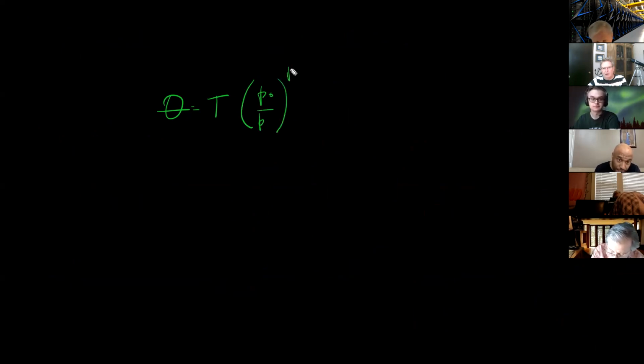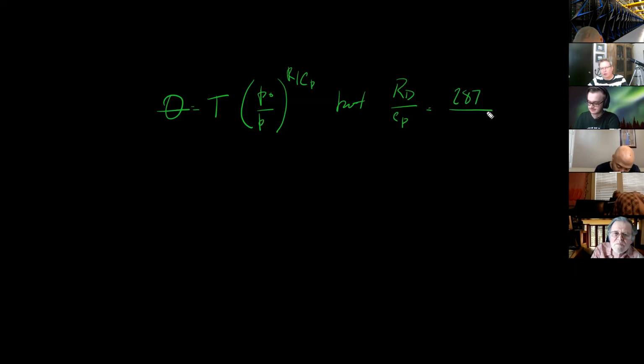So I get theta equals T times P naught over P to the R over CP, but we're going to use RD over CP, which is 287 over 1004 joules per Kelvin per kilogram, joules per Kelvin per kilogram.